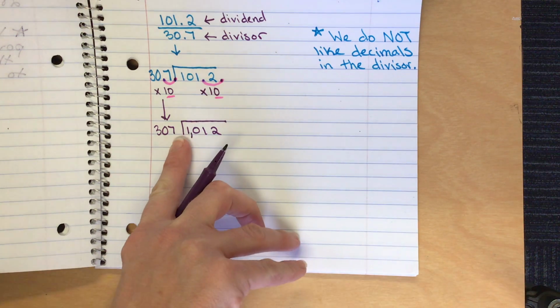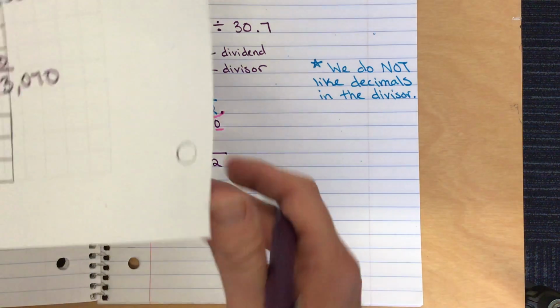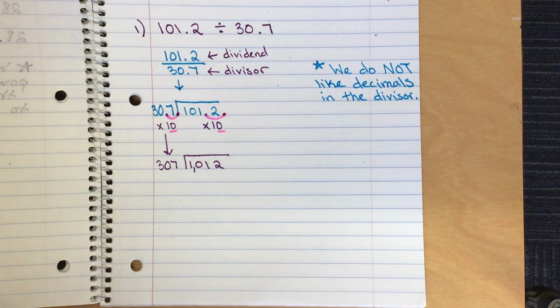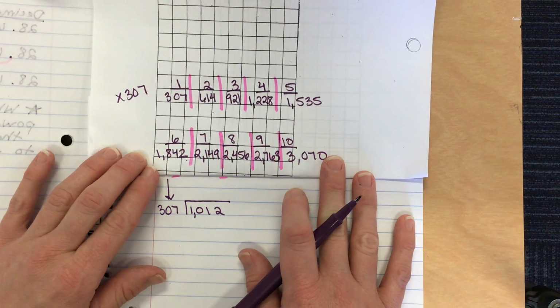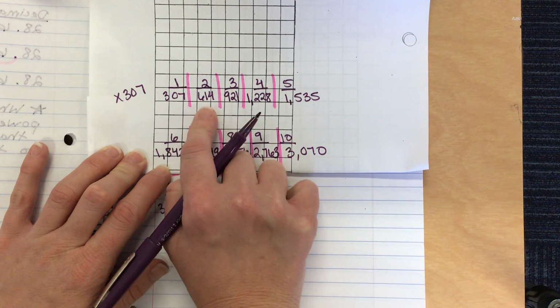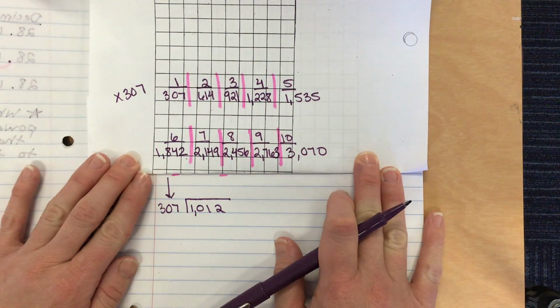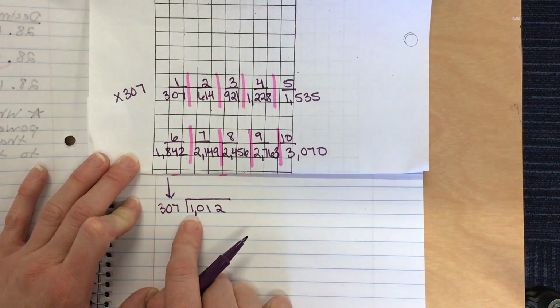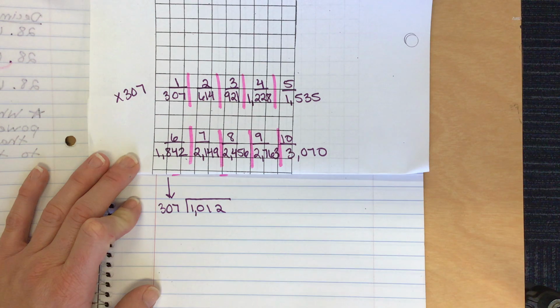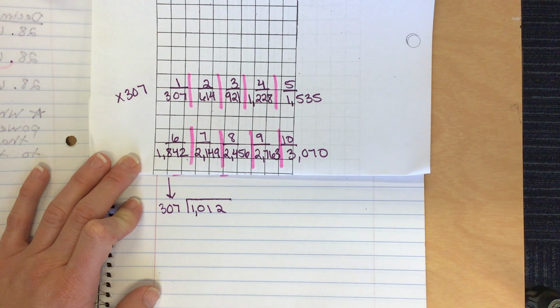Okay, 307, that's a pretty big number. So what I did is I went ahead and I made my multiples for 307. I'm going to place it up here so you can see. So I had to write it out, give myself a little bit more space because they're big numbers. So pause the video, make sure you have your multiples. Okay, I know 307 cannot go into 1.